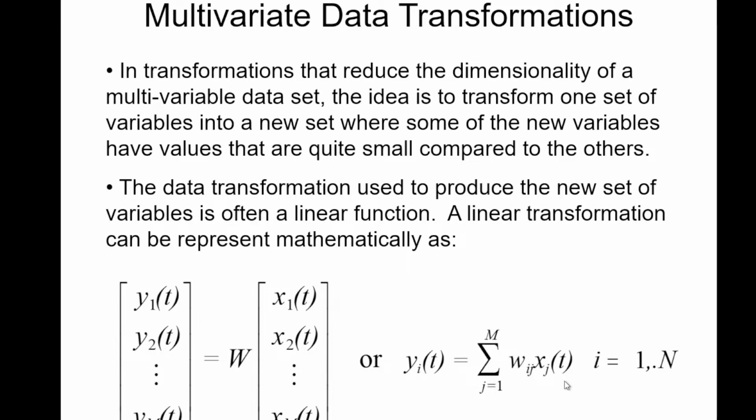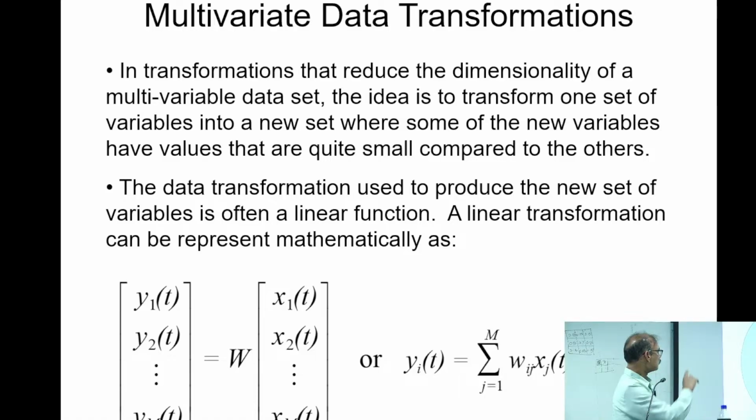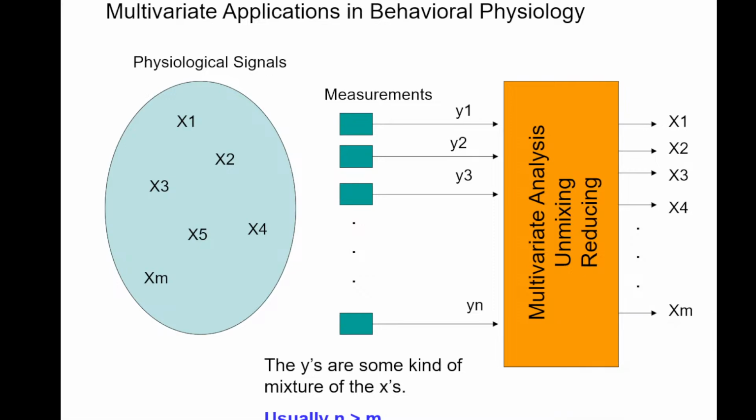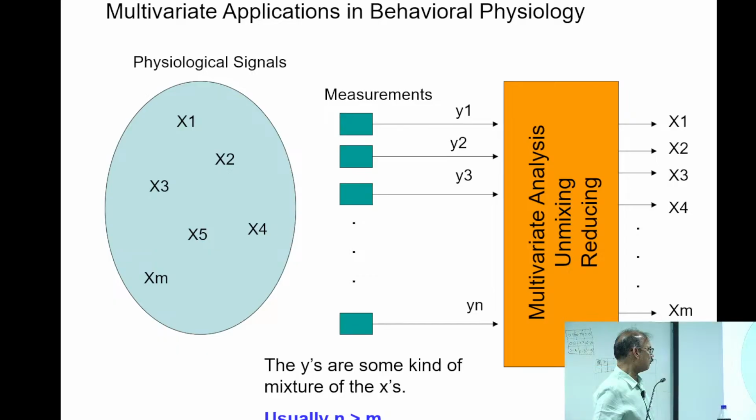What we have to find out is the weight, right? Another way would be that you have x1, x2 till xm, and then you have a number of measures. The assumption we make is that you can find a set of measures.